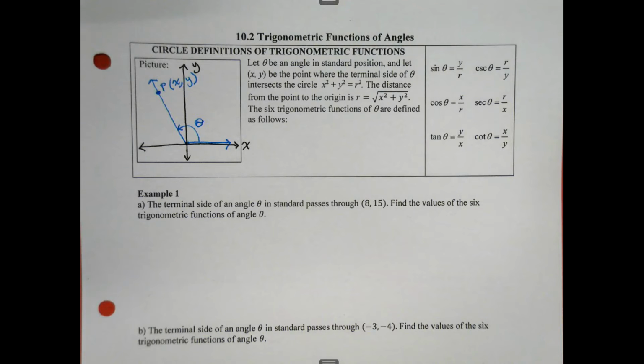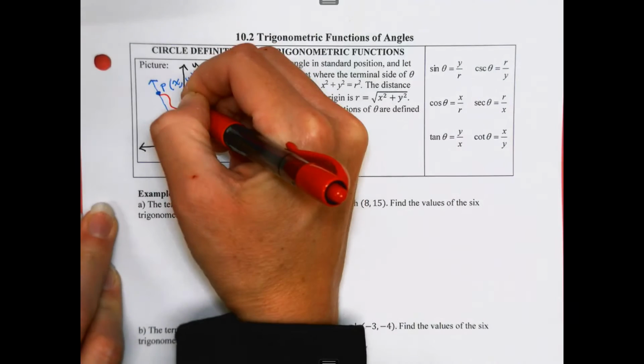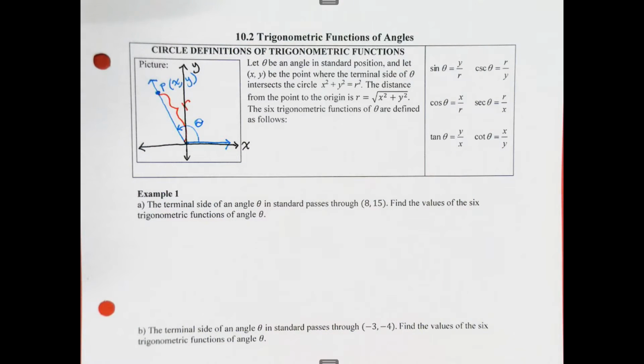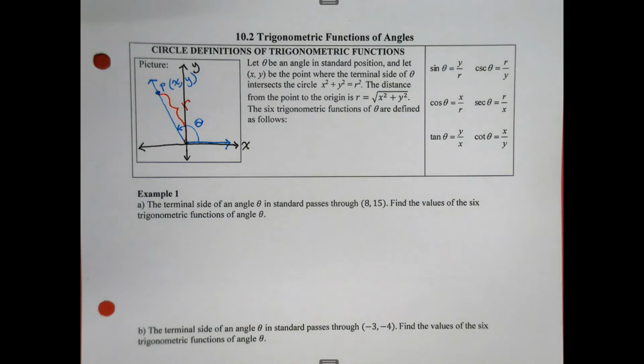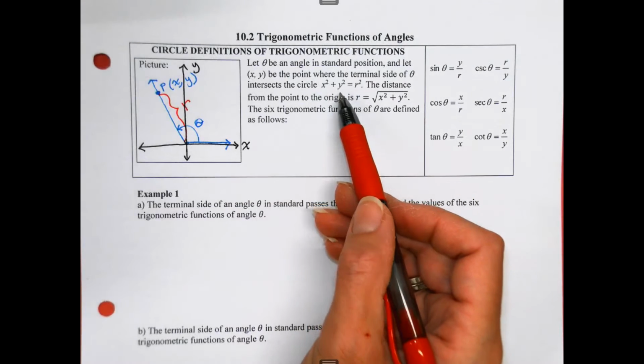The distance from the point to the origin is r. So this distance here is r. And r is equal to the square root of x squared plus y squared. We simply took the square root of both sides of that circle equation.